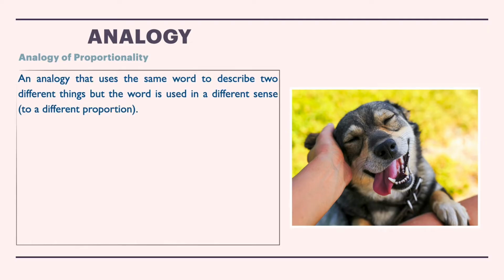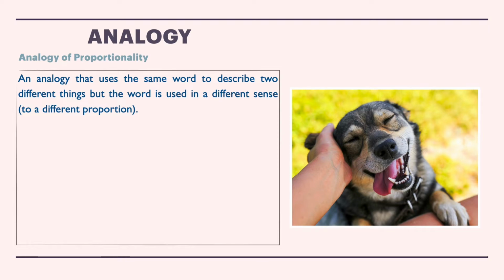So this is an analogy that uses the same word to describe two different things, but the word is used in a different sense. It's used to a different proportion. Now this is important, and also why Aquinas rejects univocal language, because we are not the same as God. And so it's important to make this distinction.